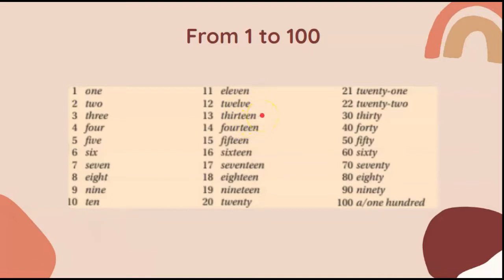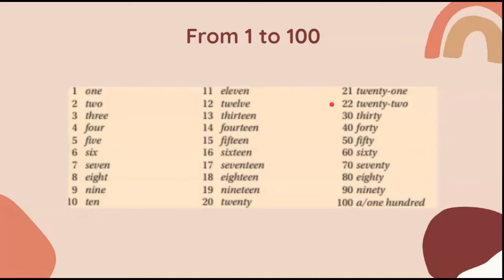So we go to 13, 14, 15, 16, 17, 18, 19, and then we change and we go to this other termination, which is the letter Y. So we start with, for example, 20. After 20, we begin again with 21, 22, 23, etc.